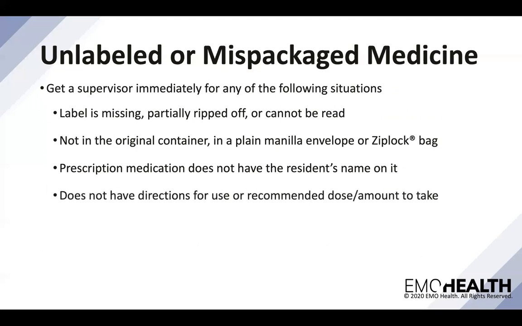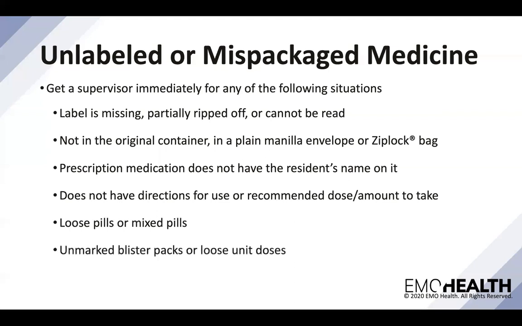If the prescription medication does not have the resident's name on it, if it does not have directions for use or a recommended dose or amount to take, if it is loose pills or mixed pills, if it's an unmarked blister pack or just loose unit doses, meaning a blister card that has been removed from a larger box or container, or if the medication does not match the description that is on the container. We will give an example of one of these types of labels later in the presentation, but just so you know, many packaging does actually have a description of what is inside.